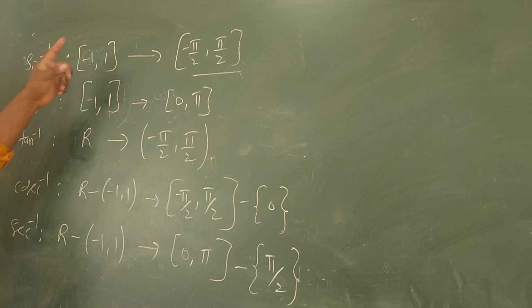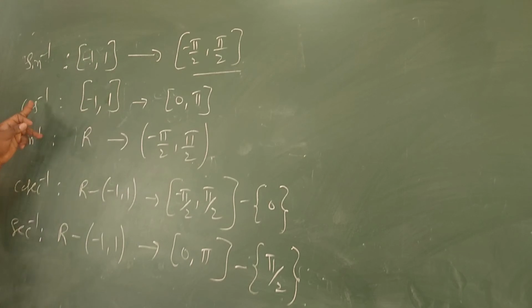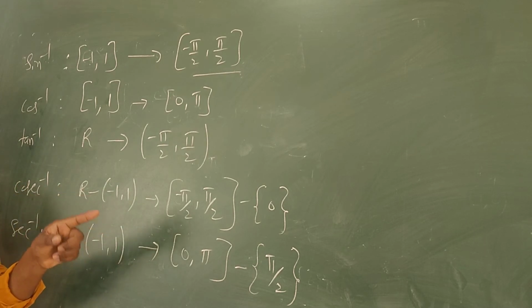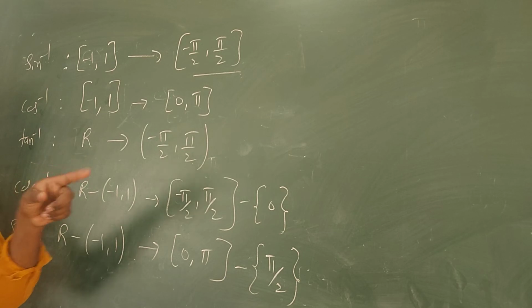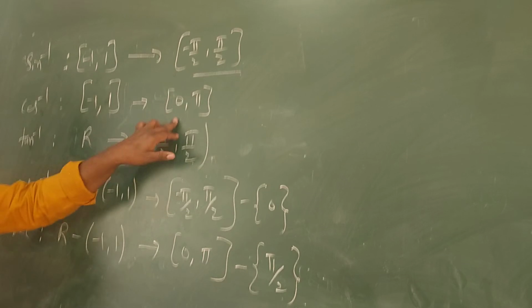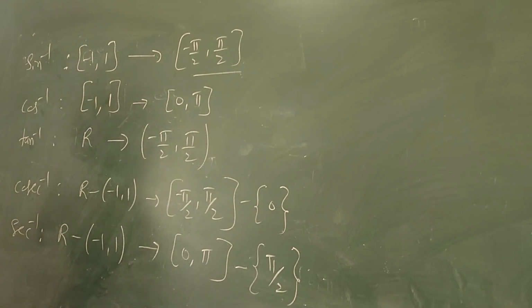These are the principal values of the trigonometric functions you need to remember. Sine: minus pi by 2 to plus pi by 2. Cos: 0 to pi. Tan: minus pi by 2 to plus pi by 2. Cosec: minus pi by 2 to plus pi by 2, excluding 0. Sec: 0 to pi, excluding pi by 2. So these are the principal values of inverse trigonometric functions you need to remember.